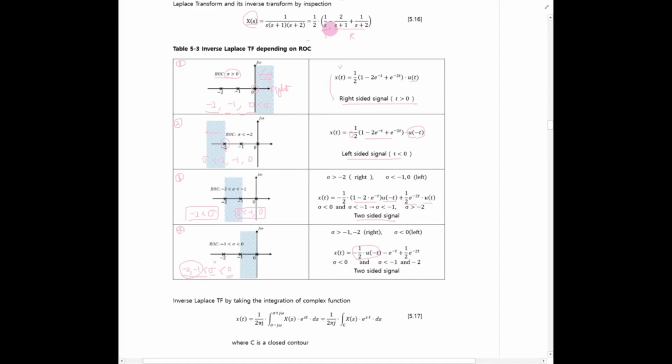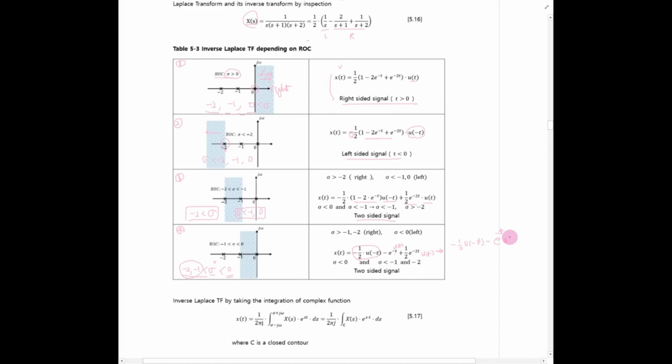That's the left-sided one. The other two, the 1.5 times -1.5, will give e to the minus t, and u(t) should be multiplied here, and the last one is 1.5 e to the minus t, and u(t) should be added here. So I would like to rewrite this here. x(t) is -1.5 u(t), and 1.5 minus 2 gives minus e to the minus t u(t).